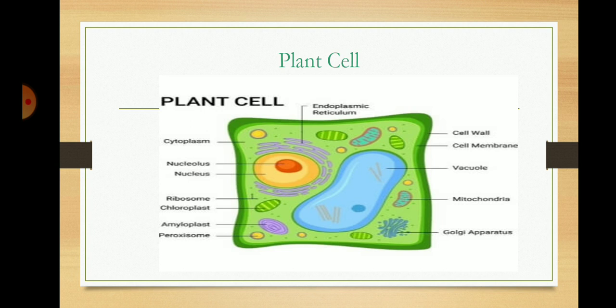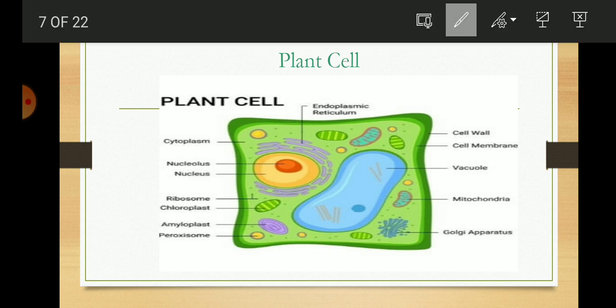This plant cell is made up of different cell organelles. As you can see in the image, there is cytoplasm. Cytoplasm means whatever is present inside the cell, these are all known as the cytoplasm. Then there is the nucleolus and nucleus.